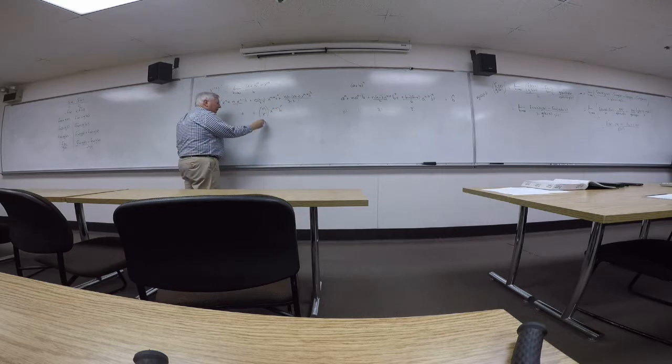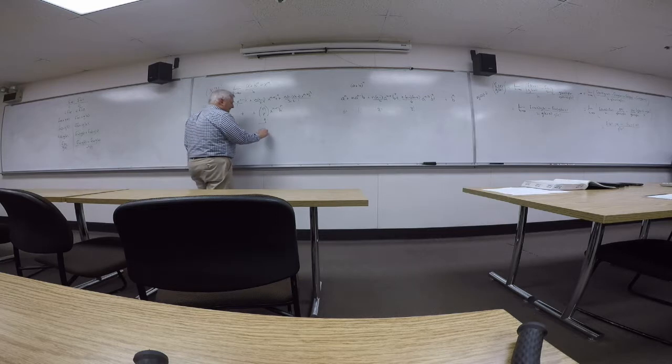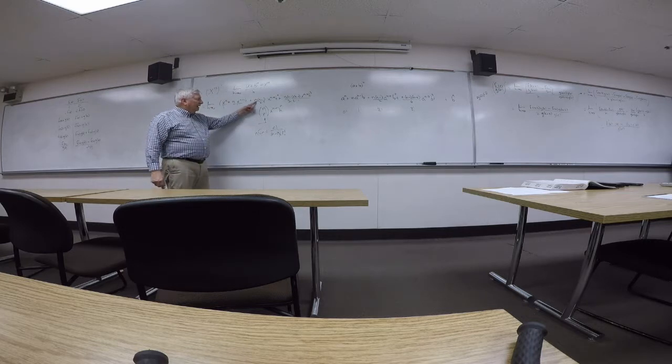where this symbol is on your calculators, nCr, and it is n factorial divided by n minus r factorial times r factorial. That's what all these become. That's what these are.